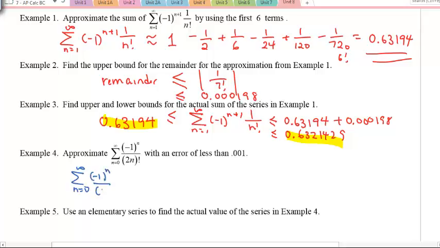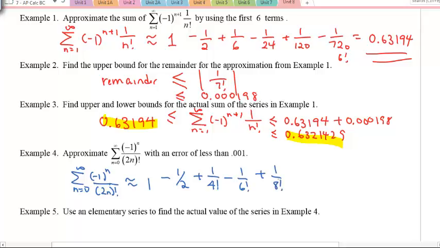Once again, it's alternating because of the negative 1 to the power of n. We'll start by plugging in n is 0, so that's just 1. We'll plug in n is 1, that I believe is 1/2. And then 4 factorial, 6 factorial.